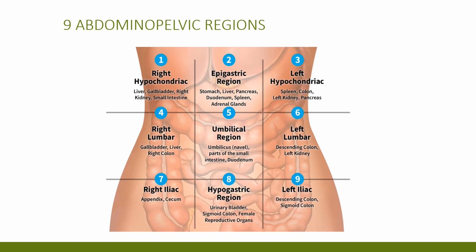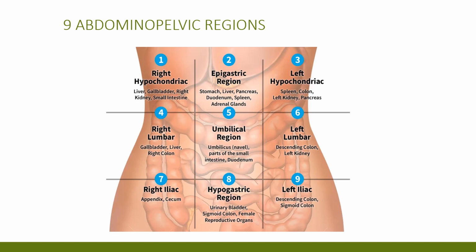Then just below that, where your navel is, your belly button, is the umbilical region. That's easy. And that has the umbilicus, parts of the small intestine, the duodenum. Straight down below is the hypogastric. That means way below the stomach, sometimes called the pubic. And you have the urinary bladder, sigmoid colon, female reproductive organs.